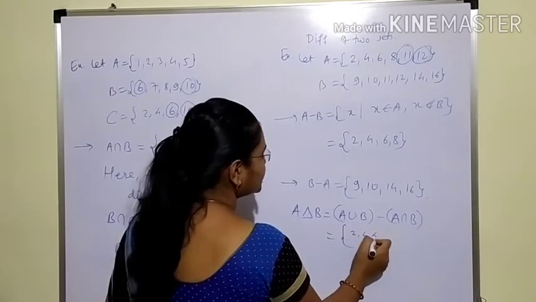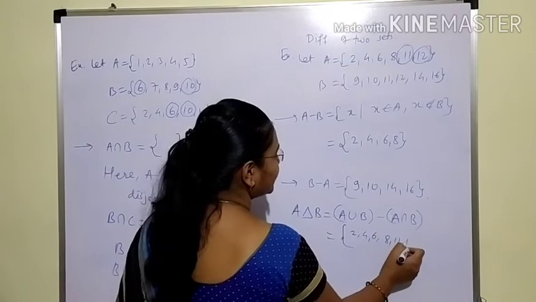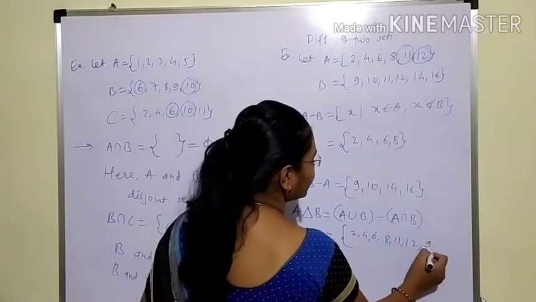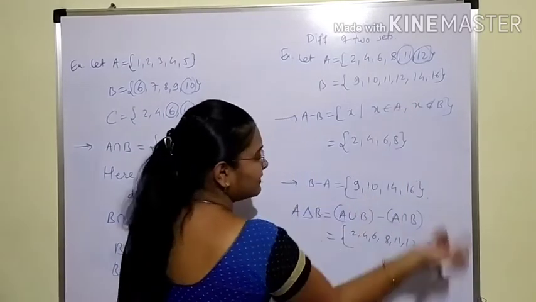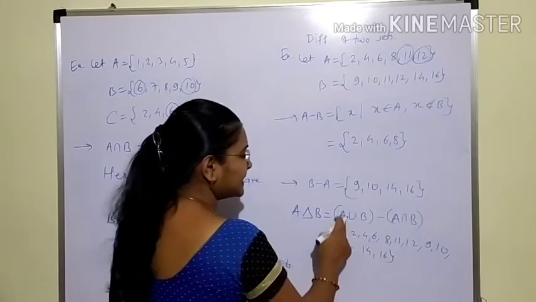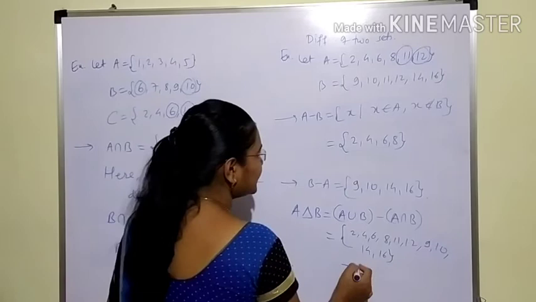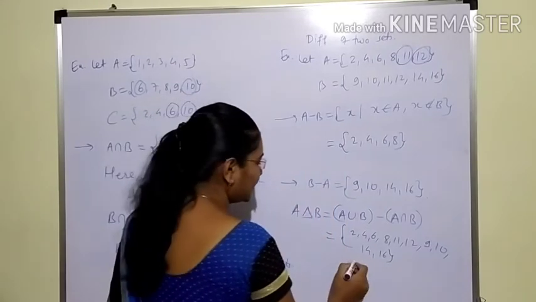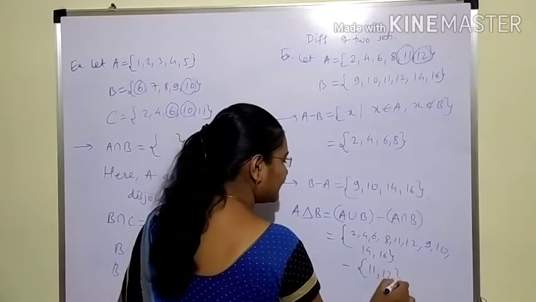2, 4, 6, 8, 11, 12, then 9, 10, 11, 12 will not write again, 14 and 16. This set is a union set minus the intersection; only two elements are there, that are 11 and 12.